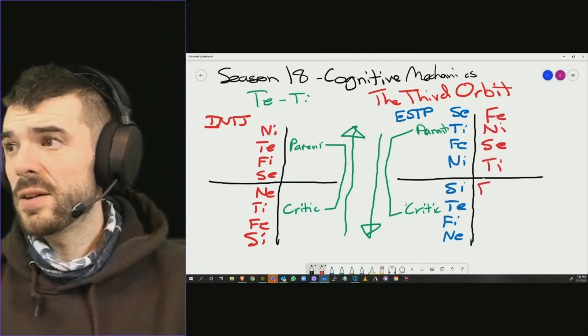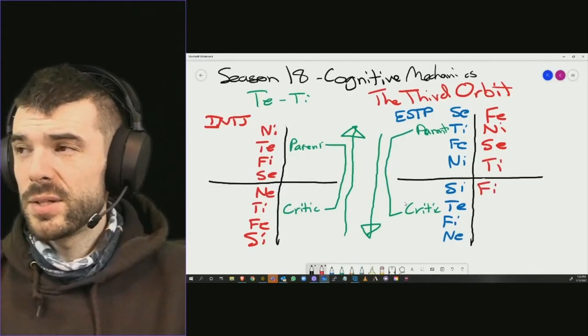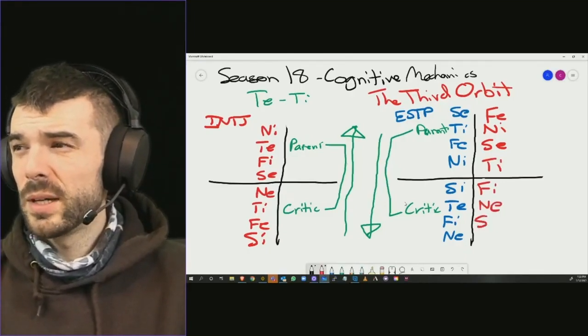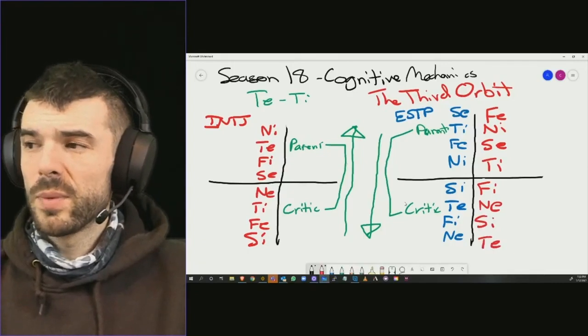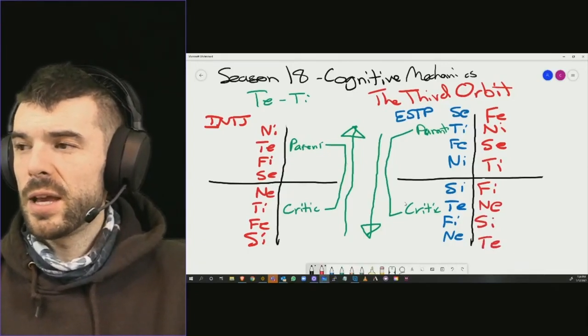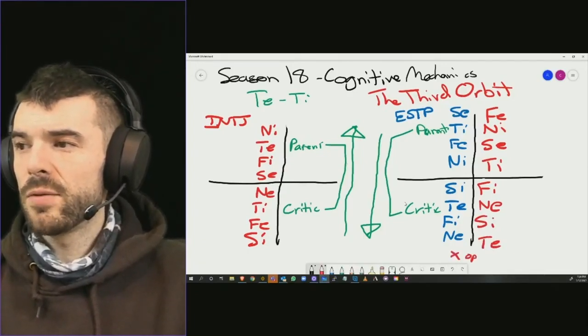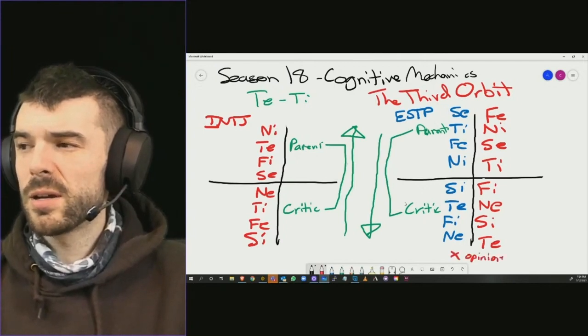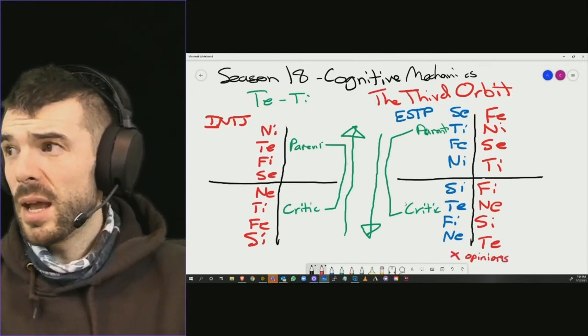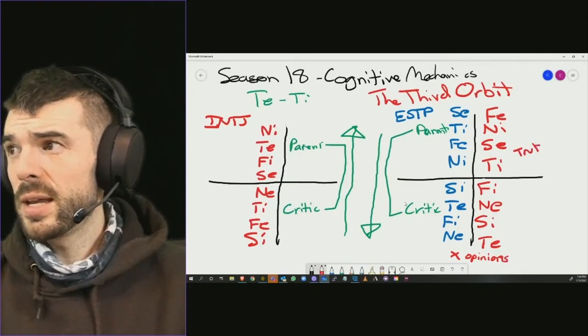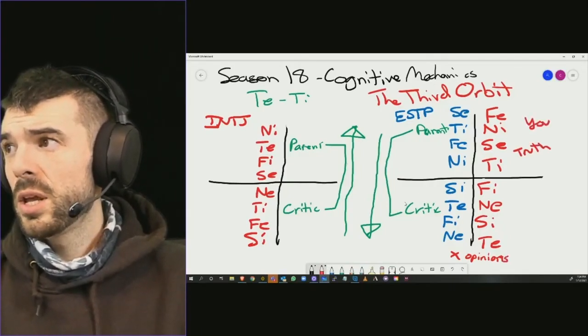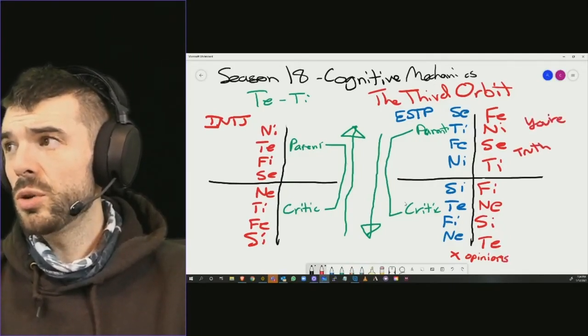So we have an ENFJ, and then you have the TE demon of, like, no one's opinions ever. No one gets opinions, I'm not going to listen, blah, blah, blah. And then you have this TI truth, right? And then someone's like, oh, you're stupid.